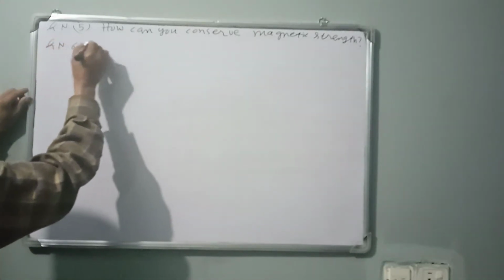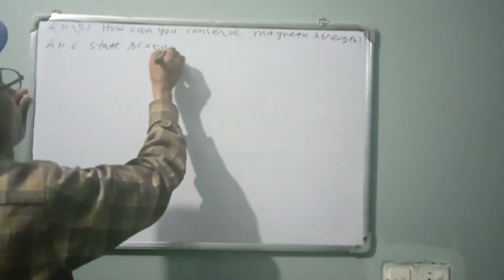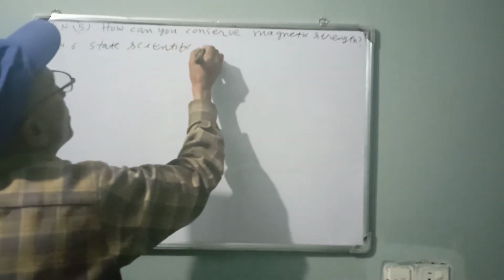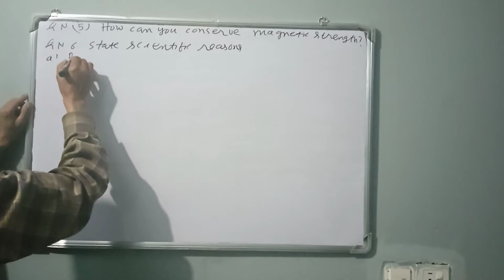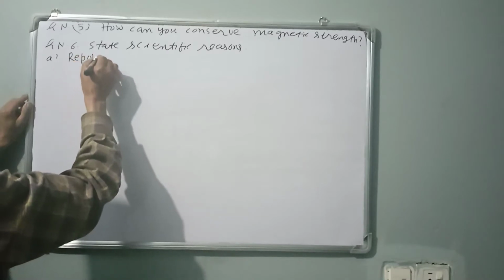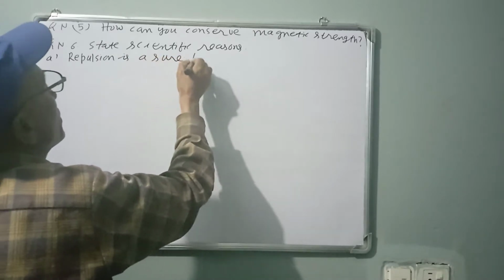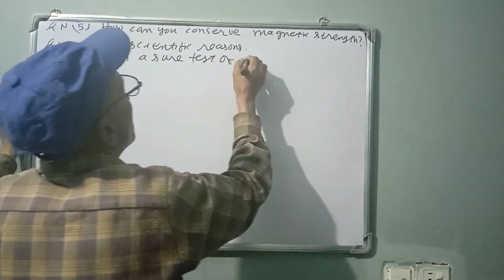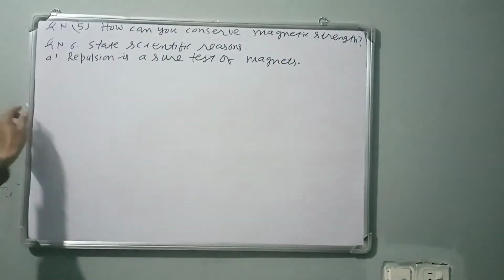Question number 6. State scientific reasons. A: repulsion is a sure test of magnets. Why?